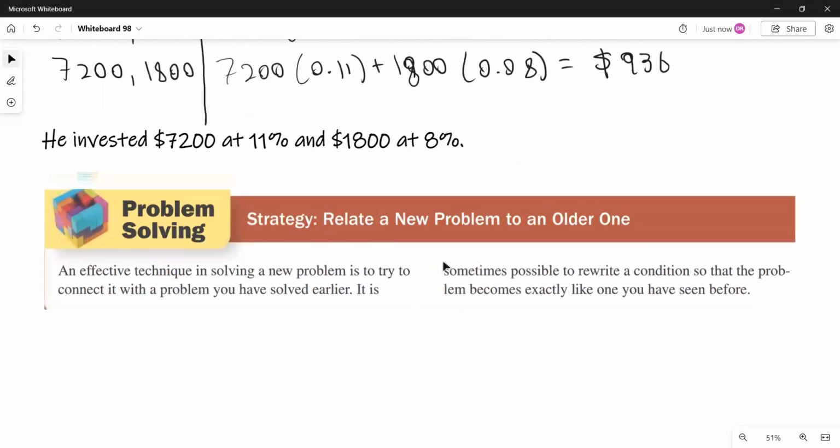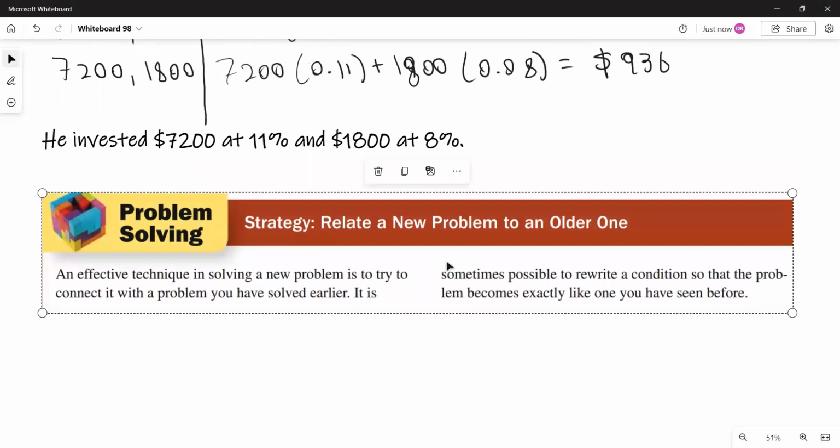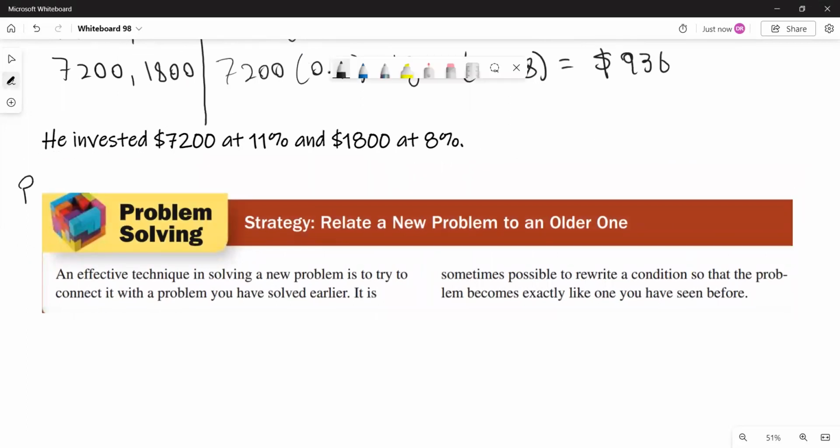This is on page 9, strategy number 7. An effective technique in solving a new problem is to try to connect it with a problem you have solved earlier. It is sometimes possible to rewrite a condition so that the problem becomes exactly like one you have seen before.